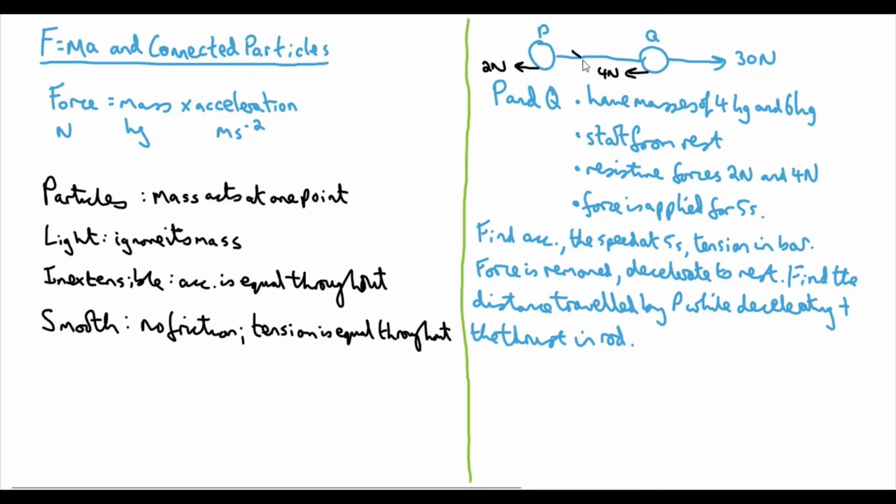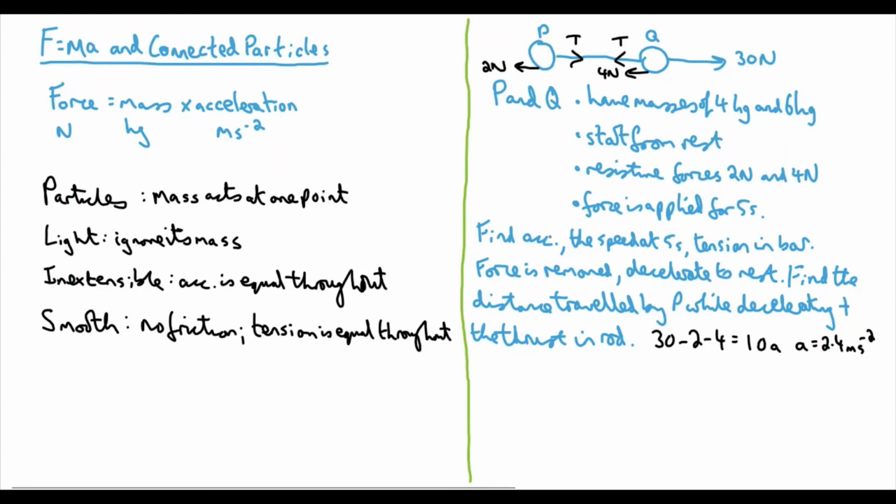There is also a tension to begin with in the rod, but if we consider the model as a whole, that cancels out with itself, leaving us with just a forward force of 30 minus the resistive forces of the 2 and the 4, and that's going to give us, so the combined mass is going to be 10 times your acceleration. Well, the 30 minus 6 is going to be 24, so 24 divided by 10 leaves a being 2.4 meters per second squared.